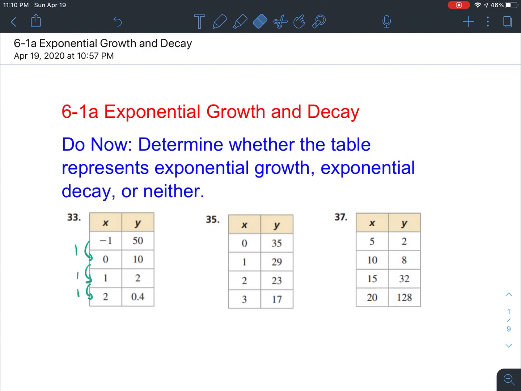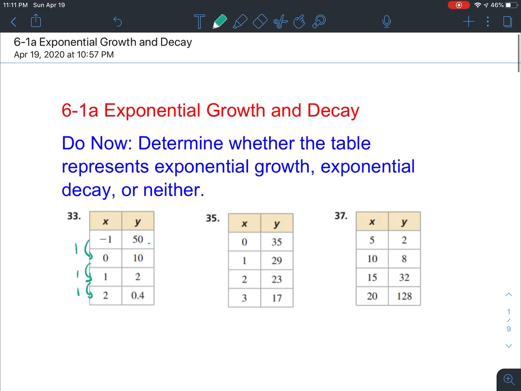Well, let's think about how do we get from 50 to 10 if we're not using addition or subtraction? Well, if I take 50 and I divide it by 5, I get 10. If I take 10 and divide that by 5, I get 2. And if I get 2 and divide it by 5, I get 0.4.